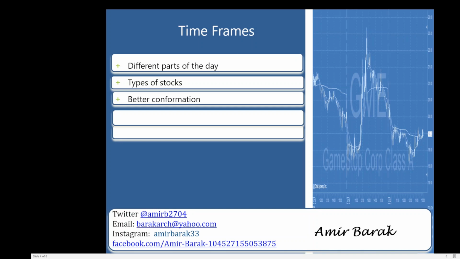If you see a good consolidation on the 5, it's much better than seeing it on the 1 minute, and it shows you that something happened in that area. It gives you a good idea of the entry, and where to get out if it's not working.